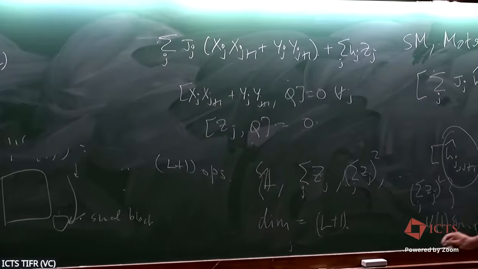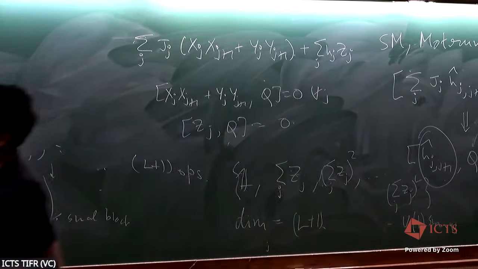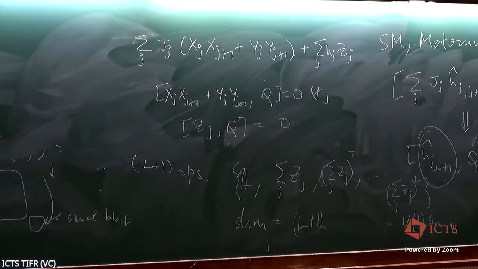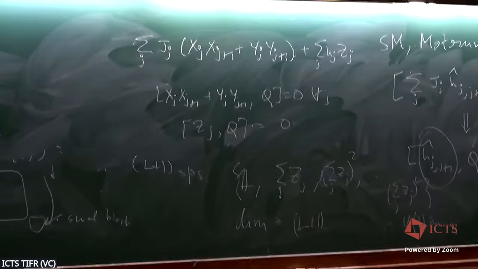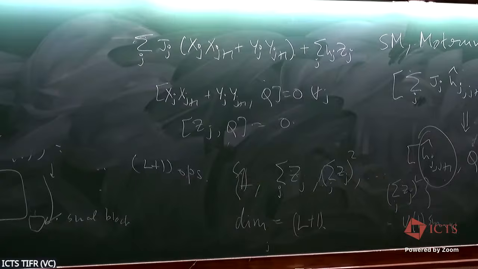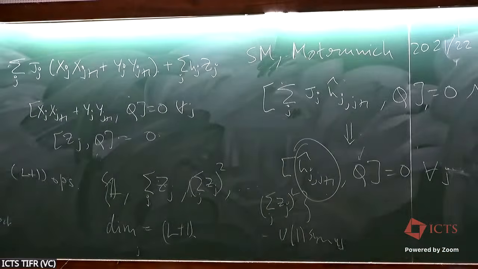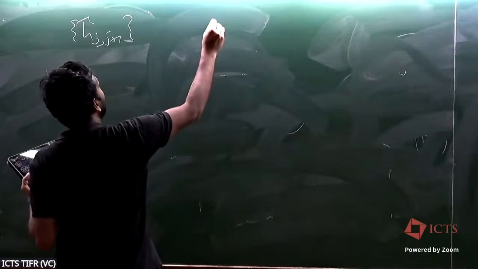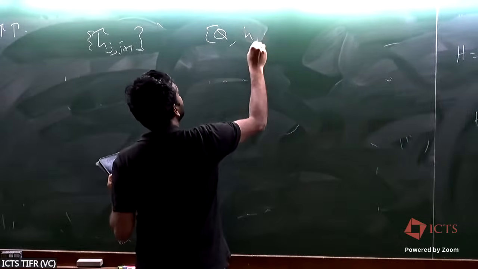So maybe I'll just close by mentioning the general structure. It turns out that you can define symmetries in terms of individual terms of the Hamiltonian. So given some set of local terms that define your family of Hamiltonians, you can look at operators that commute with each of these terms.